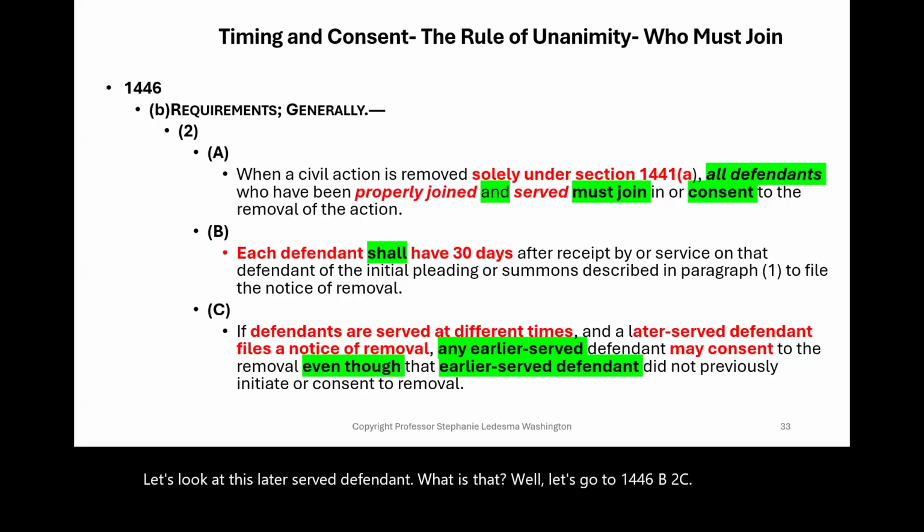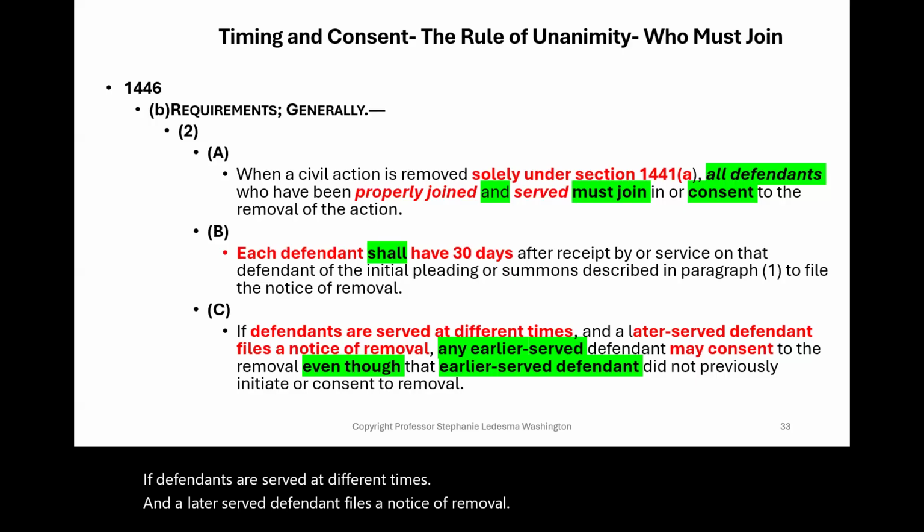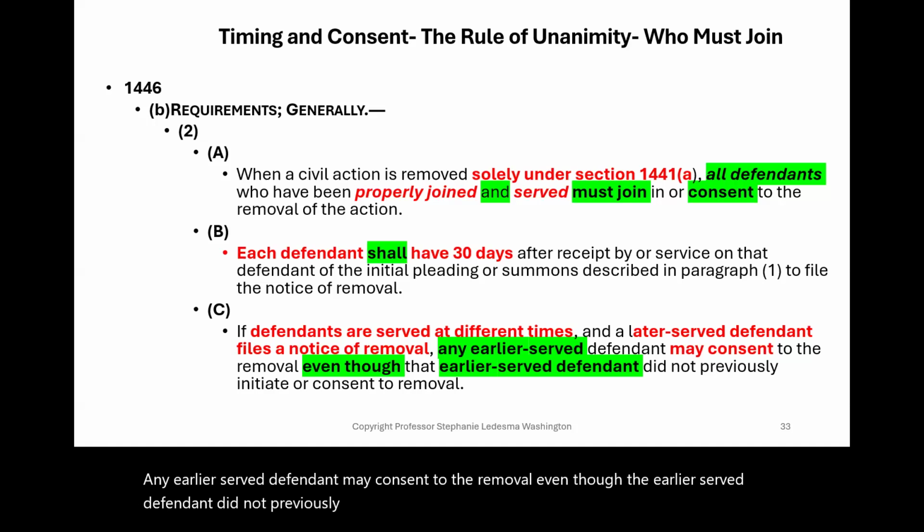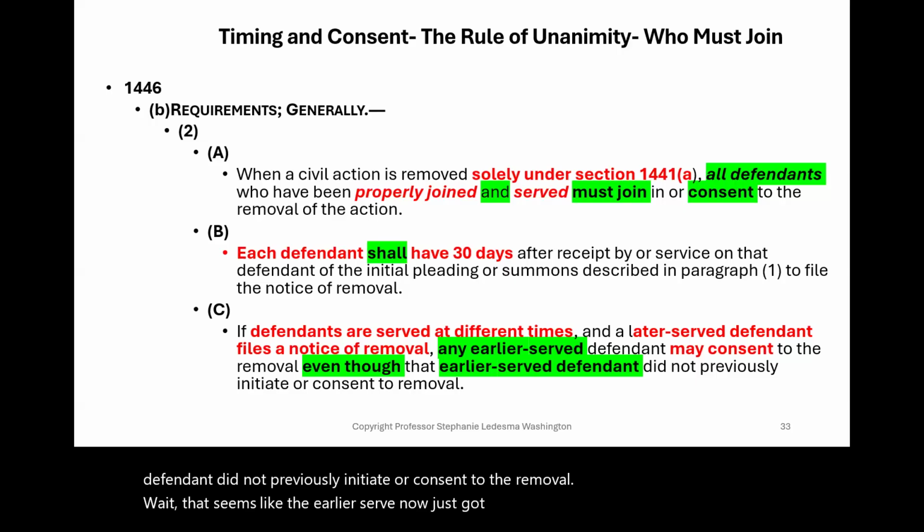If defendants are served at different times and a later-served defendant files a notice of removal, any earlier-served defendant may consent to the removal, even though the earlier-served defendant did not previously initiate or consent to the removal. Wait. That seems like the earlier-served defendant just got some additional time. Yeah.